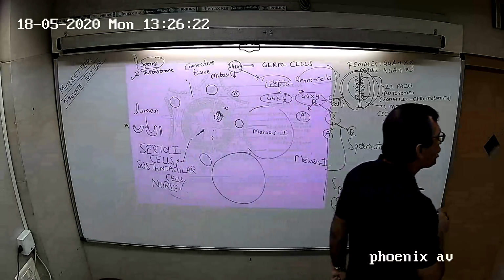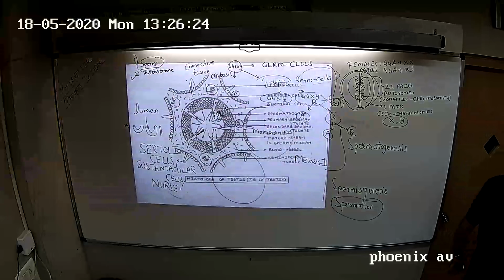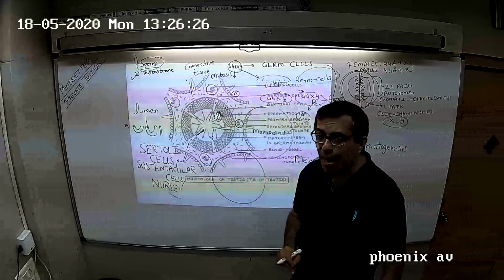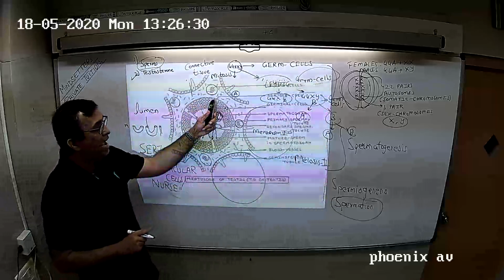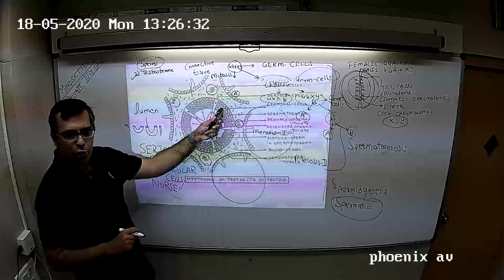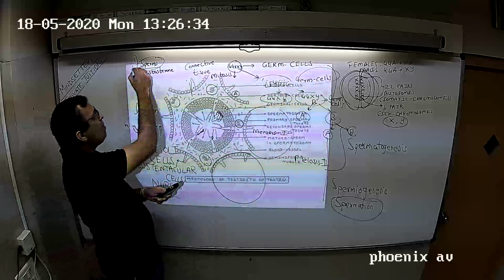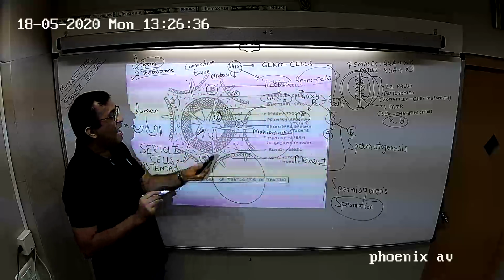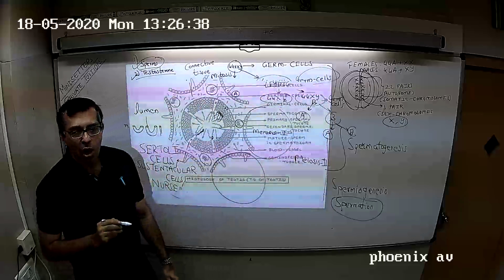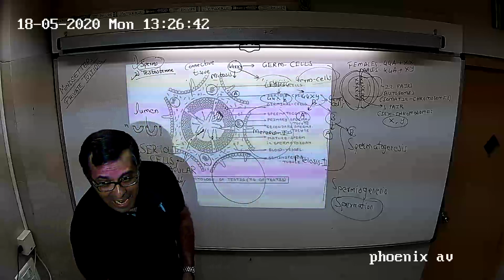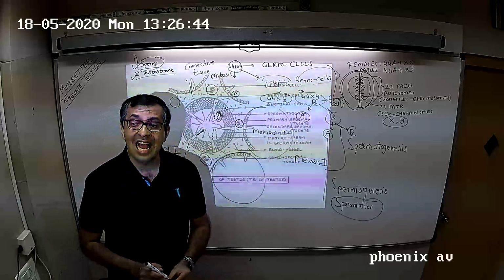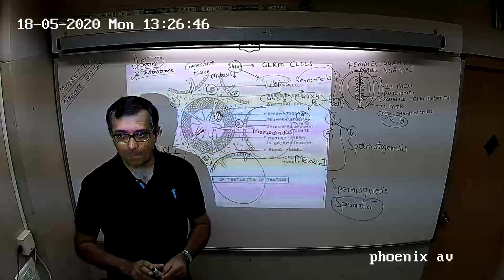So that's both of your questions answered. Who will produce sperms? Sperms are produced by seminiferous tubules. And who will produce testosterone? Leydig cells, also called interstitial cells, produce the male sex hormone called testosterone.